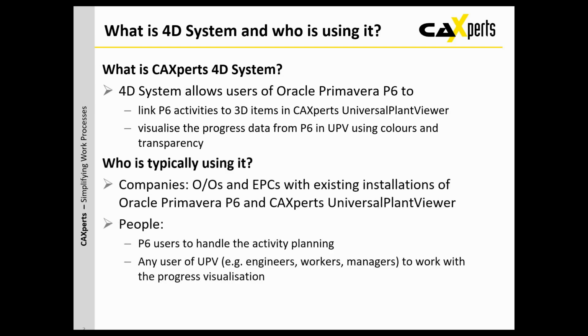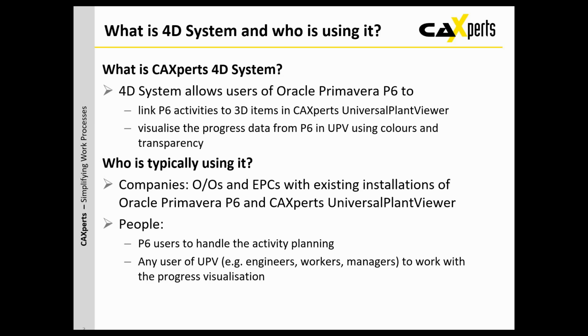Who is typically using it? Owner-operators and EPCs regarding the companies that are using it. And they usually have existing installations of P6 and UniversalPlantViewer. And there are two types of people using this. So we have the typical P6 users handling the activity planning and now generating these progress data for UPV, including the coloring and all this stuff.